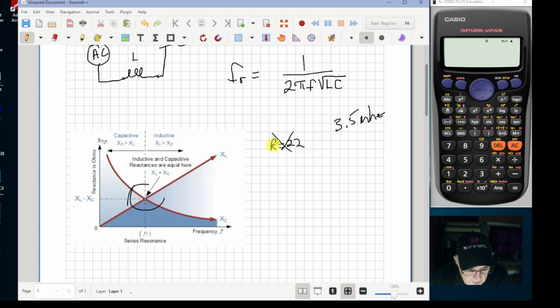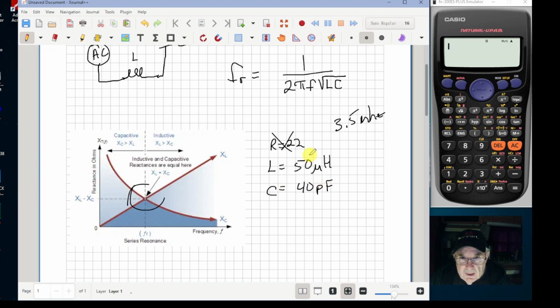There's no R in this. And we have L is 50 microhenries, and the capacitor is 40 picofarads. Okay, these are some pretty tiny amounts. So let's see what we get.